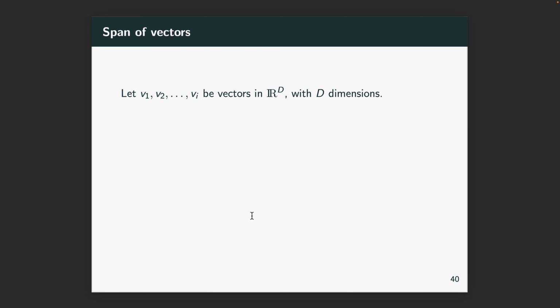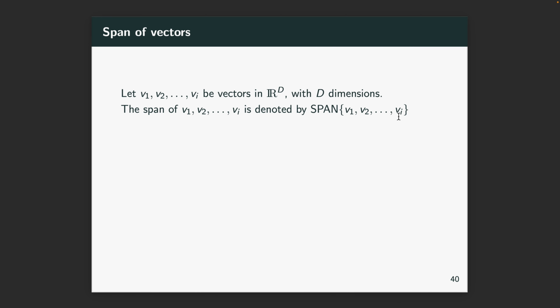Now there's another related definition, which is the span of a set of vectors. If we have such i vectors in d-dimensional space, each vector is a d-dimensional vector, the span of v1 through vi is denoted via this notation.